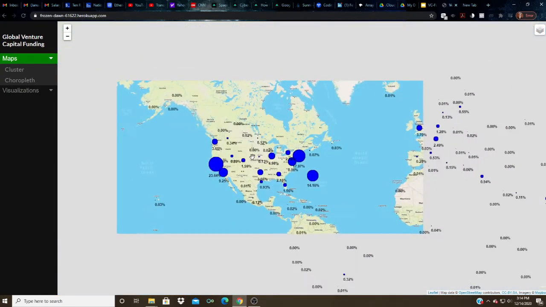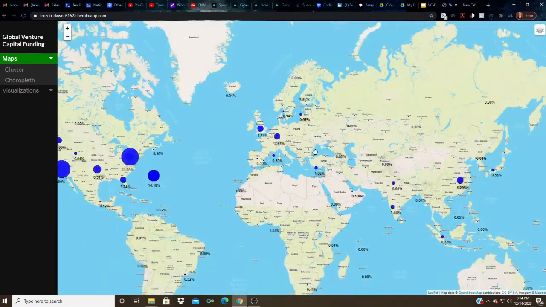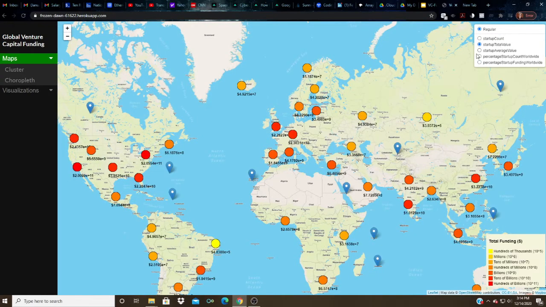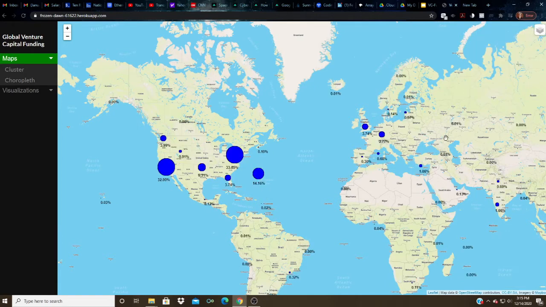So that's where startups are in the United States, where they get funding. And then how much funding they get, you can go back to the other startup total value and see the numbers. But it won't give you that same sense of relatively how much money goes where.